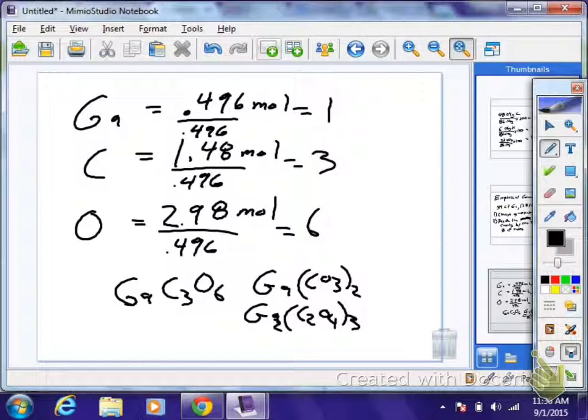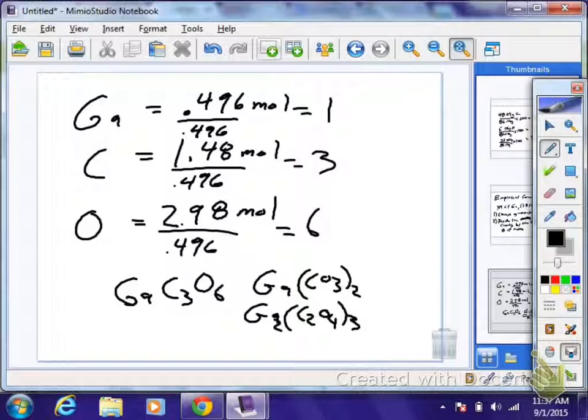Yeah. So 1, 3, 6 is the same as 2, 6, 12. Right? So what you get when you do a percentage, or weights, you get what's called an empirical formula. The empirical formula is the simplest ratio, 1 to 3 to 6, but it may not be the actual formula.